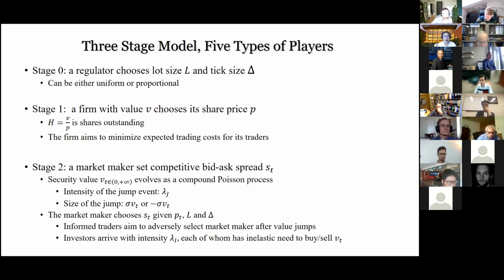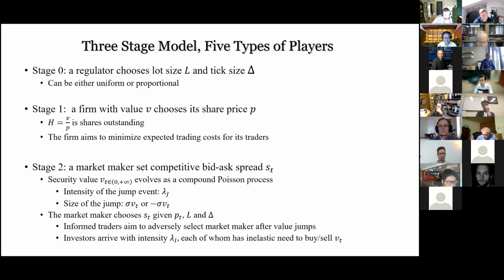There's a market maker who sets a competitive bid-ask spread, S_t, in continuous time. The firm's initial value is V at time 0, but it can either jump up or down. It evolves as a compound Poisson process. The intensity of the value jump is lambda J, the same as your model, and the size of the jump is in percent, either sigma V_t or minus sigma V_t.